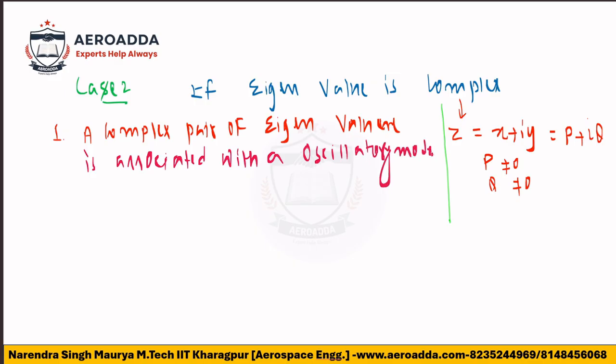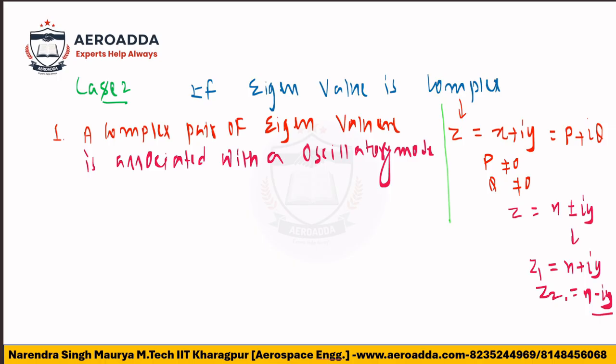The complex pair means z is equal to x plus or minus iy. This is called a conjugate. So z1 will be x plus iy, and z2 is x minus iy. Remember this z1 and z2 conjugates rule.